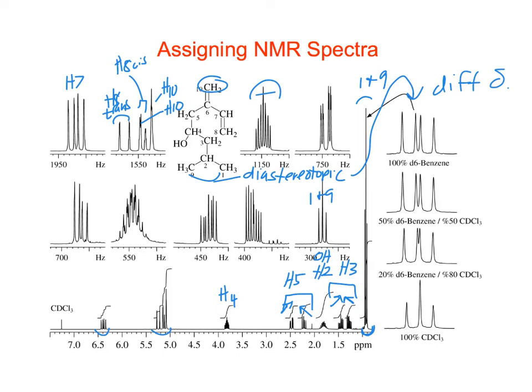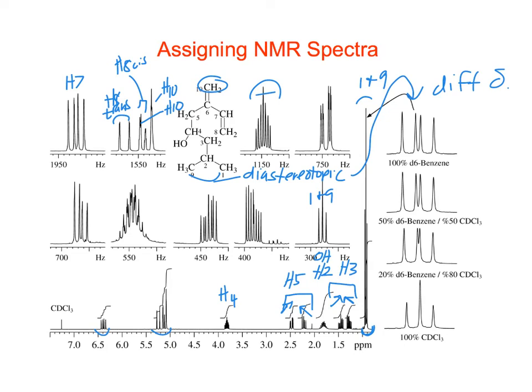Okay, so if we go back and think about the splitting of H4, next to the alcohol, we said, oh, look at how complicated it is. But really, it's going to couple to 4 protons, and each of those 4 protons are non-equivalent. So it really should be a doublet of doublets of doublet of doublets.